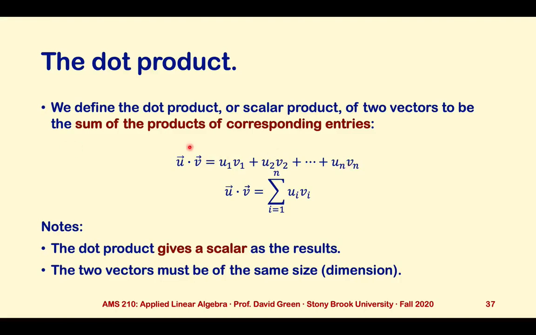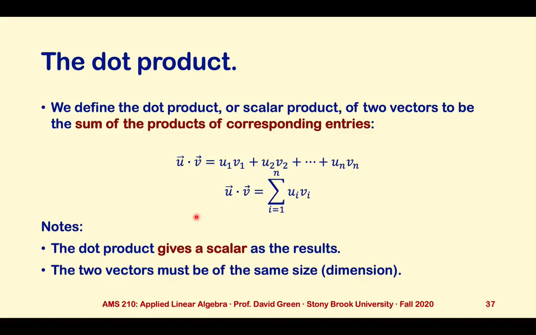Clearly, this definition requires the two vectors to have the same number of elements, or we wouldn't have corresponding entries. And we note that the dot product is a scalar. We start with two vectors. The answer we get is a scalar, just a number.